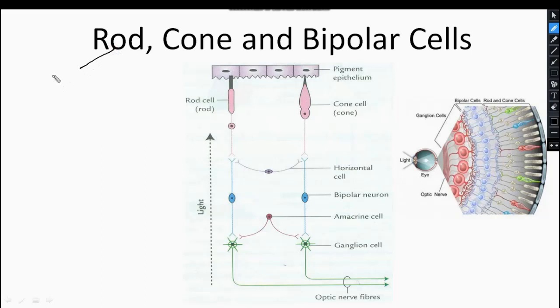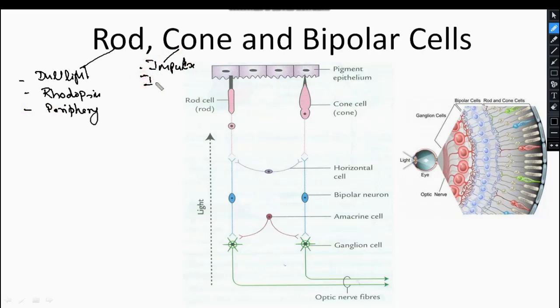The rods are sensitive to dull light, first thing. Second point, they have a chemical known as rhodopsin, because this is often asked as an MCQ. They are present at the periphery, whereas the cones generate impulses, and the chemical in them is also rhodopsin.